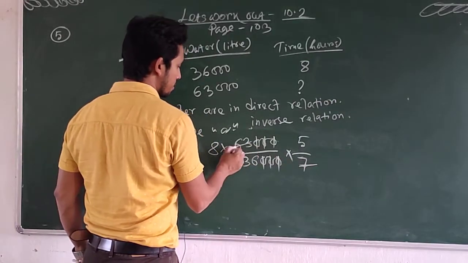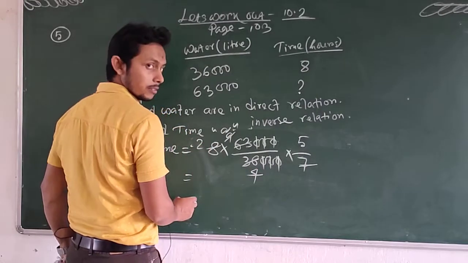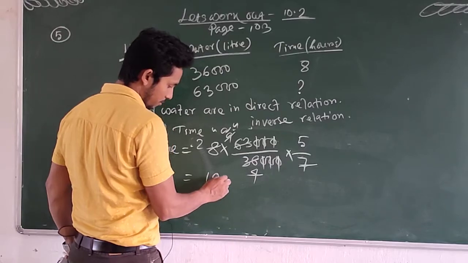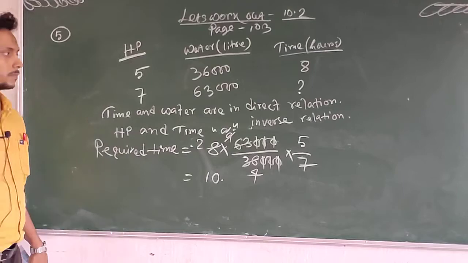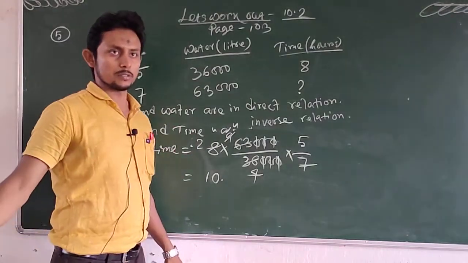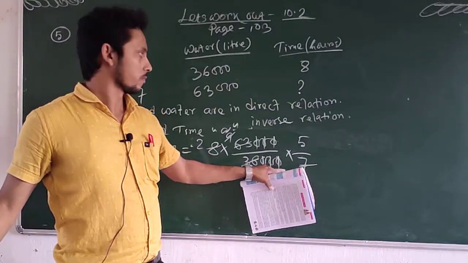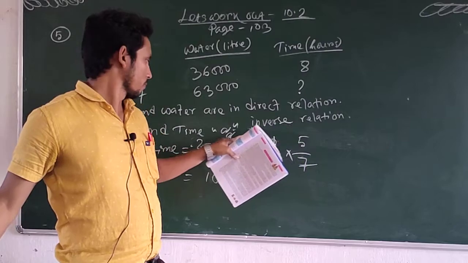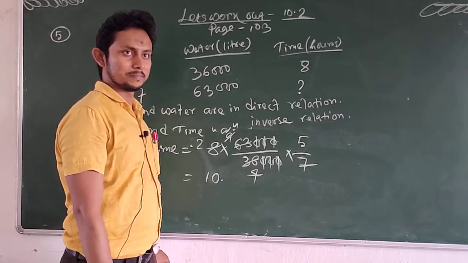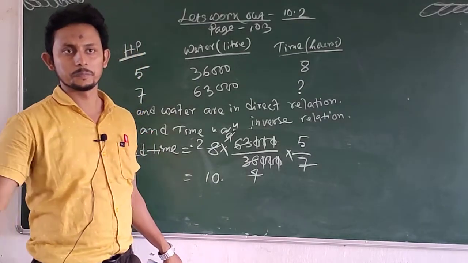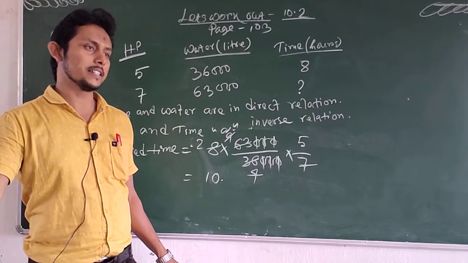And 7 9s are 63, 9 4s are 36, 4 2s are 8, 5 2s are 10. Understood? HP and time are in inverse relation. Understood? I haven't written that.